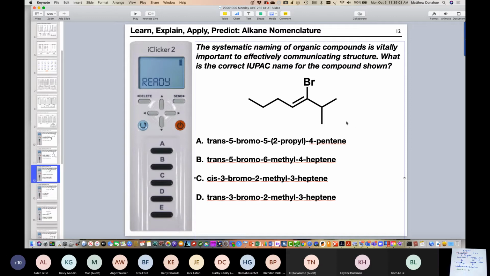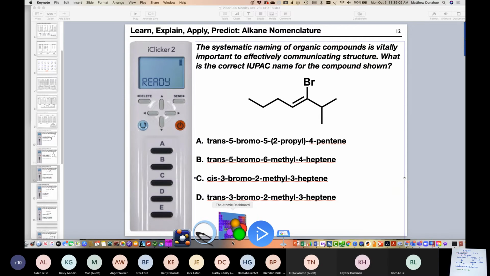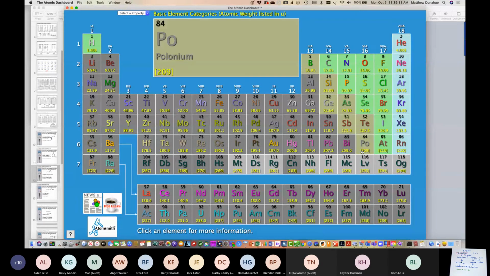So let me open the periodic table real quick. You can see carbon has an atomic number of 6. Bromine has an atomic number of 35.